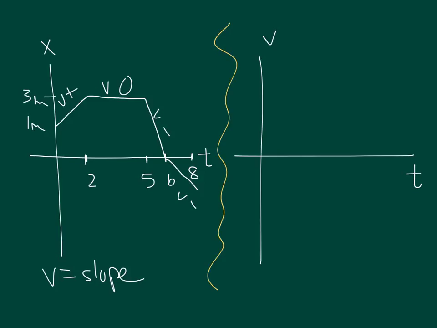If that's not clear, just think about how you would calculate the slope. You'd find the change in the vertical variable, which is delta x, over the change in the horizontal, which is delta t. Delta x over delta t is what velocity is. Recall that velocity is the change in an object's position over a time period.